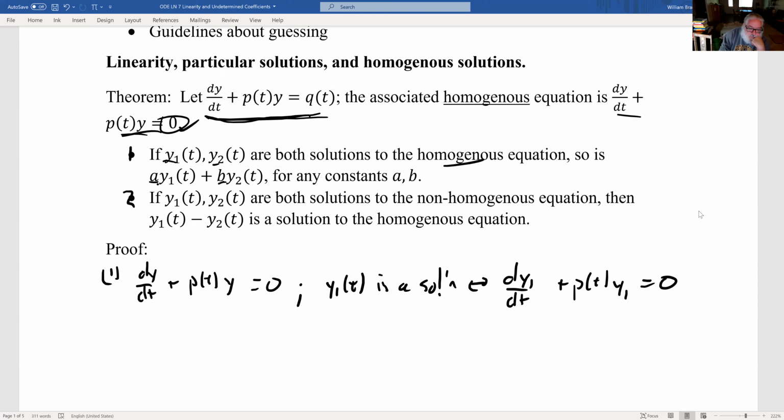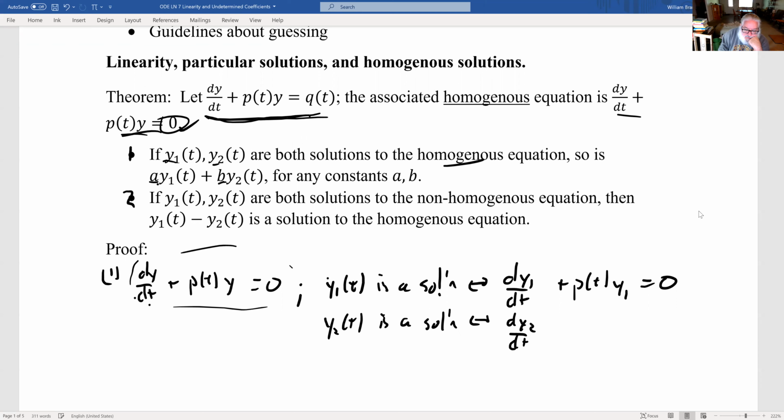That means if I plug y1 into the left side of this equation, I get 0 out. It satisfies the equation. y2(t) is a solution also means that dy2/dt, the first derivative of y2, plus p(t)y2 equals 0.